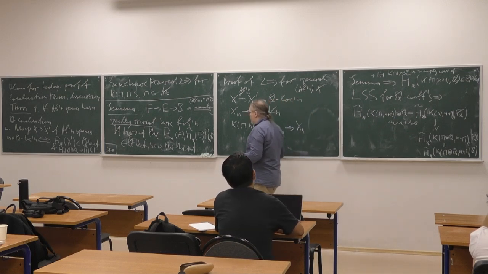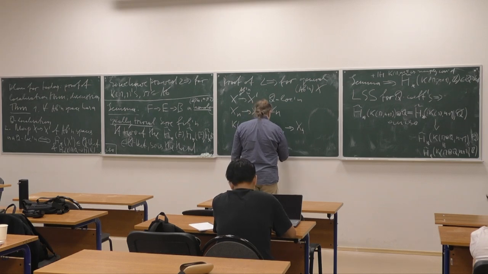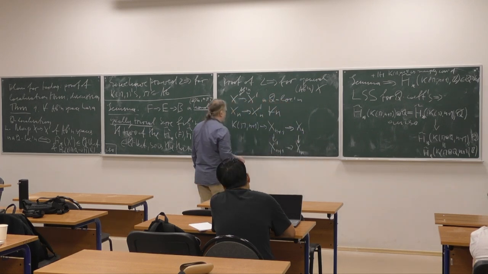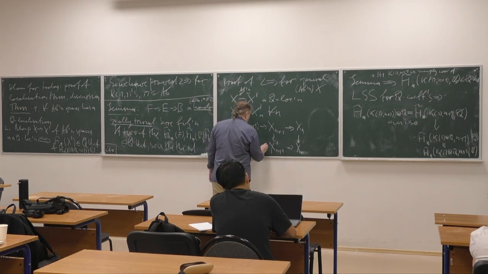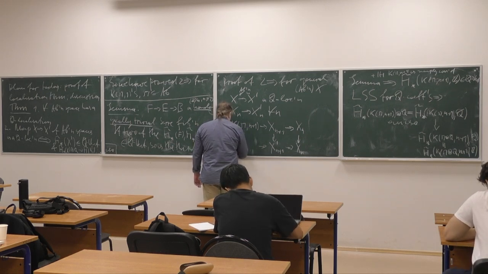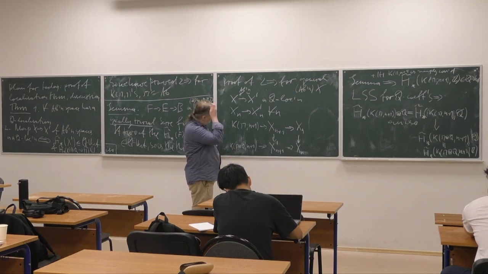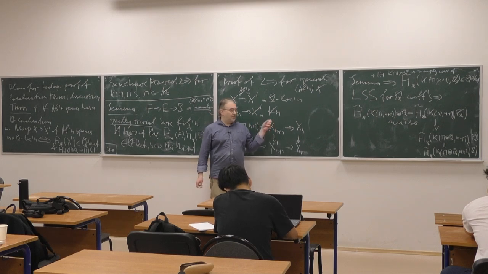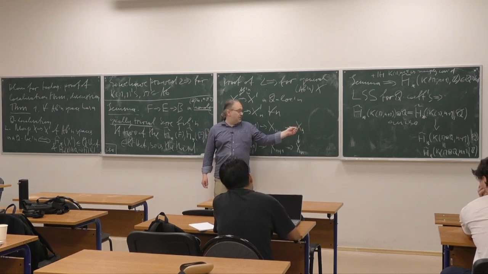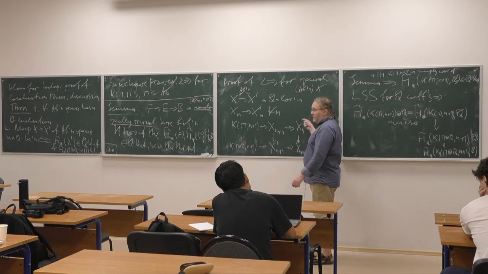Okay, so let's recall that since the space is abelian, X_{n+1} is fibered over X_n, and this fibration is induced by the nth k-invariant.